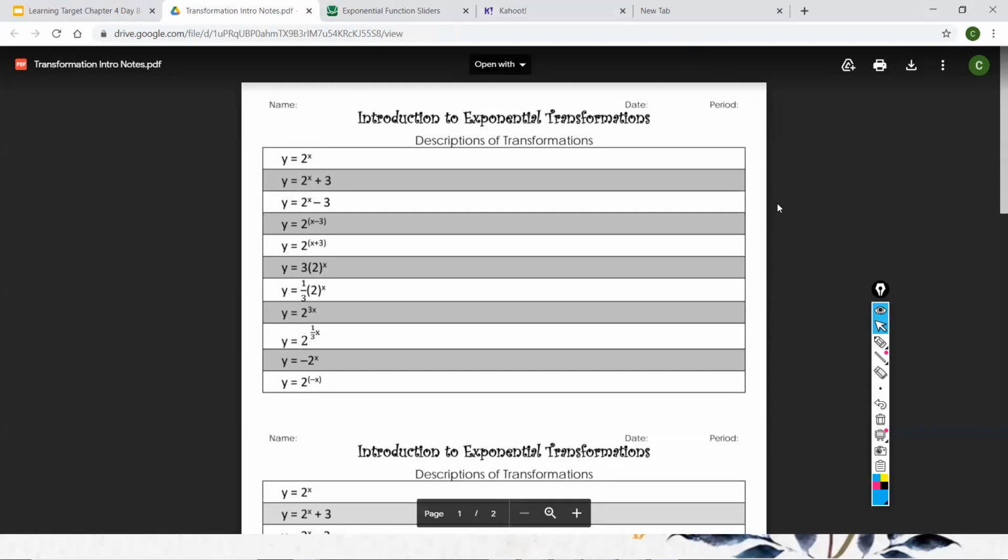So for each of these, what I'm going to have you guys do is write common ratio. So write that down, common ratio. So you put CR.